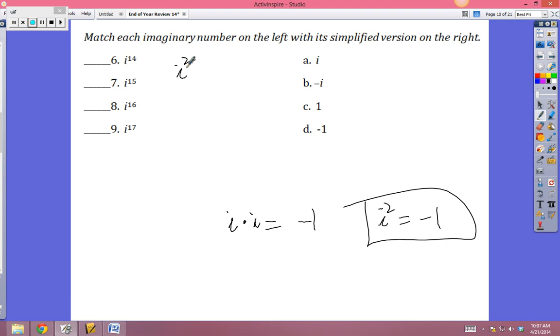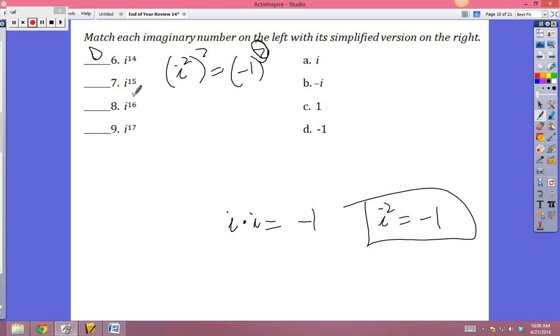There should be 7 squares in 14. So 7 squares in 14, that means there's going to be 7 of these -1s. So -1 times itself 7 times. And because a -1 times itself an odd number of times, your answer is still going to be a negative.